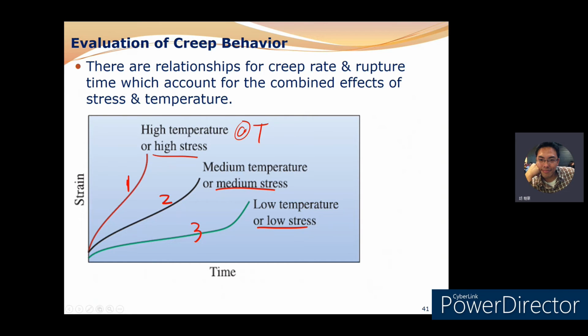So can you tell which curve represents the material with high strength or low strength? Can you arrange the strength from the highest to the lowest, if they are under a creep test at a constant elevated temperature?